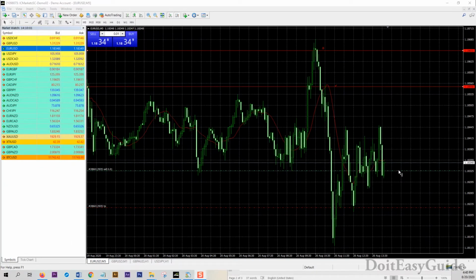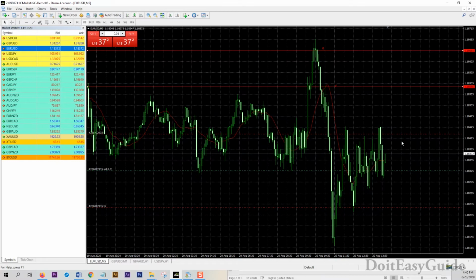And let's place our stop loss. Now since we are selling, stop loss will go to the upside. So yes, 10 pips. Actually 10 pips is a bit small for a stop loss, but I'm just showing it for this tutorial.